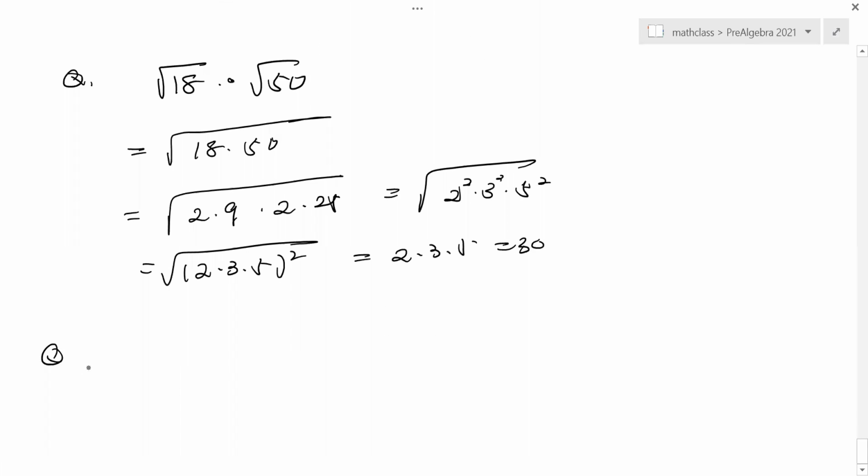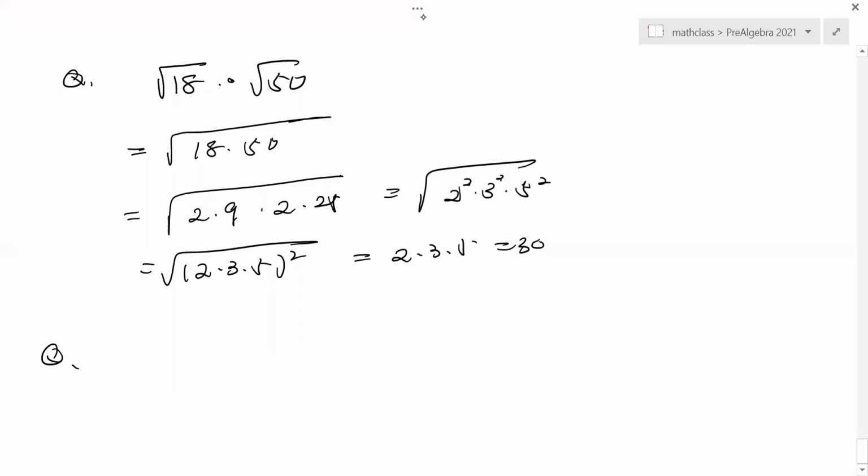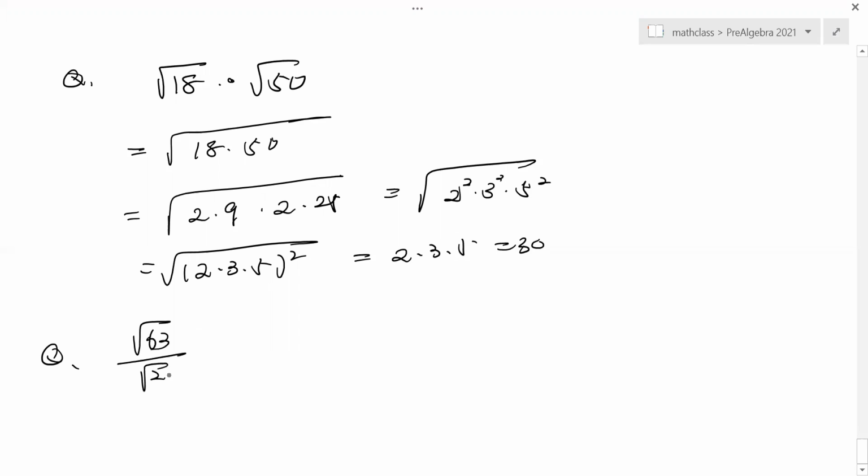And similarly, you can do the problem square root of 36 over square root of 28. At the very beginning, you get 2 terms, right? It's separate. But we can combine them. There are a couple of ways to do it. Either you simplify the numerator and denominator.